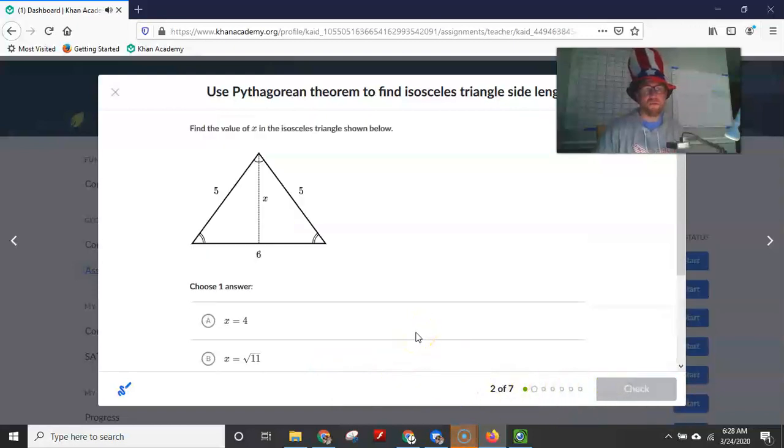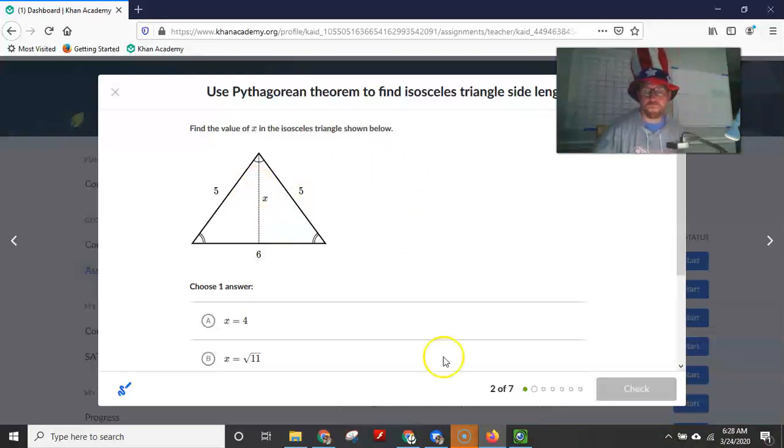Next up, let's see. Here we're trying to find the height of the triangle. Hey, bud. Good morning. So let's see. I'm going to sketch this out, kind of what this looks like here. And I've got here, so we've got x, 5, and 6.